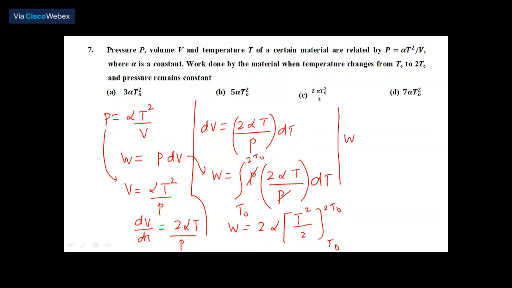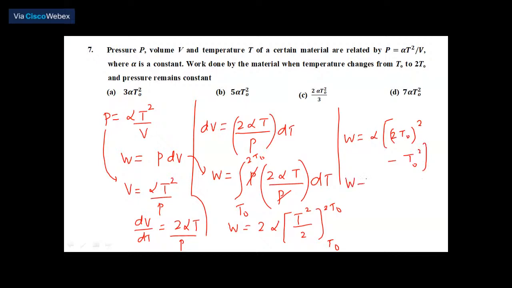Therefore, W is equal to alpha into T squared, written as 2 T naught squared minus the lower limit T naught squared.